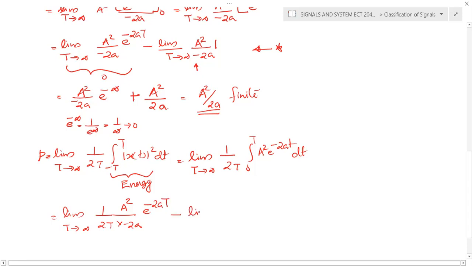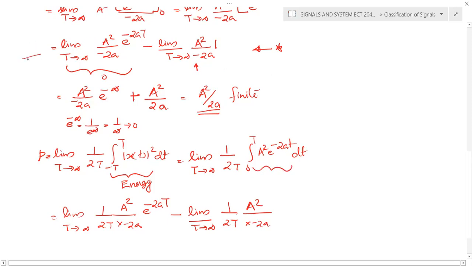minus limit T tending to infinity, 1 by 2T, and a square by minus 2a. Instead of this particular equation, I can substitute the terms.